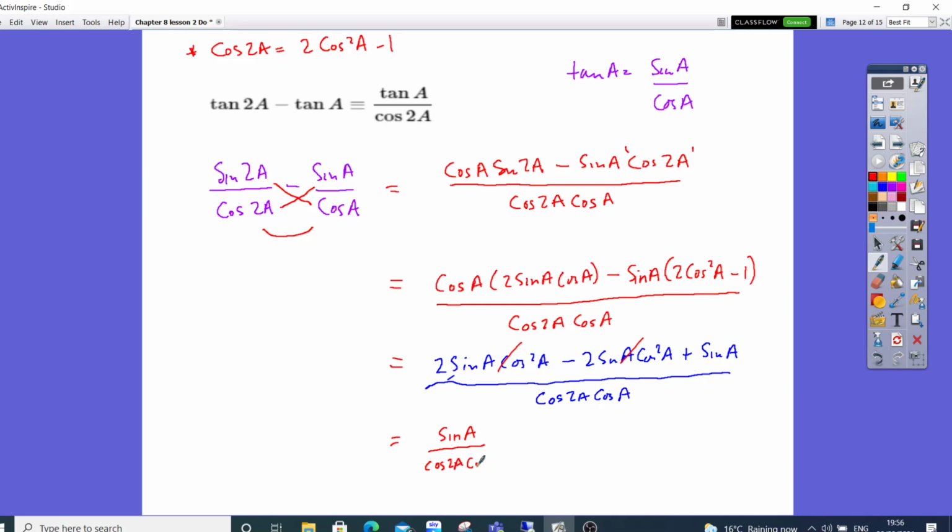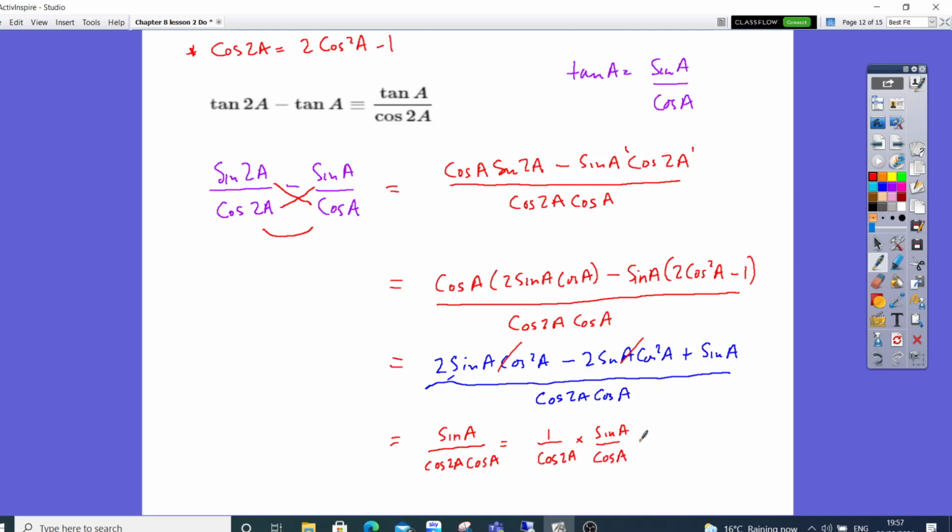cos a. Now, as you know from here, sine a over cos a is tan, so I can split that up and say I've got 1 over cos 2a times sine a over cos a.